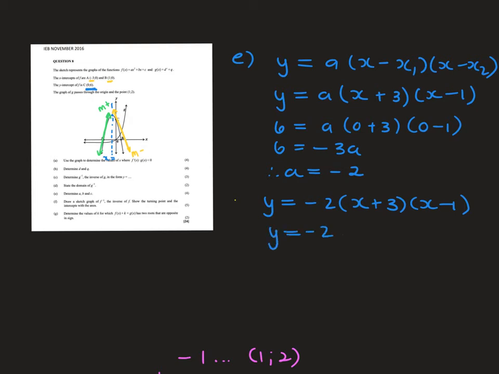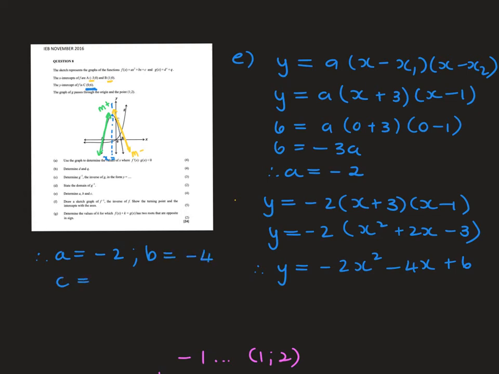So y will be equal to negative 2 times (x squared minus x plus 3x, so plus 2x, minus 3). So finally we're there. It's going to be negative 2x squared minus 4x plus 6. So therefore a is equal to negative 2, b is equal to negative 4, and c is equal to 6. And we were expecting c to equal 6 because we know that that is the y-intercept.